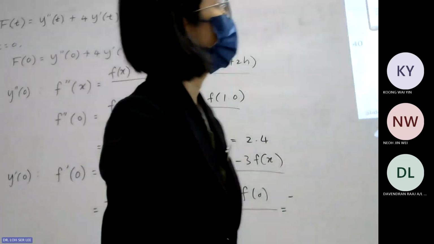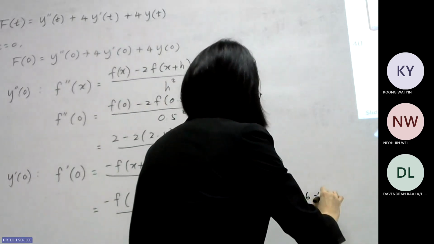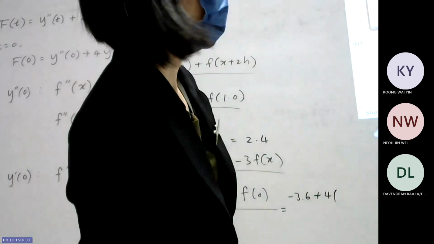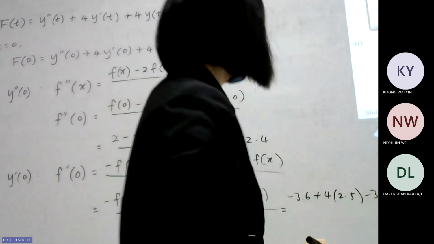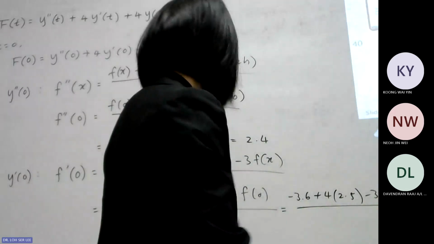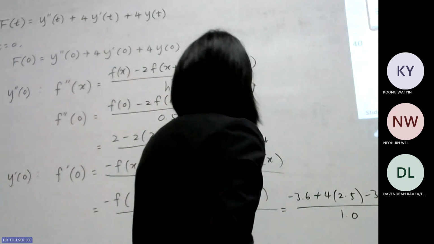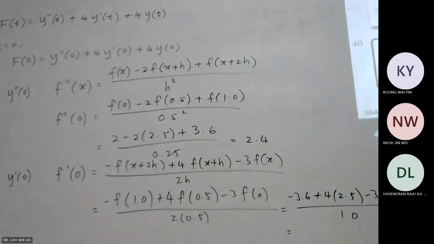With 1.0: 3.6 plus 4 times 0.9 is 2.5, minus 3 times 2, divided by 1. Is it 0.4?